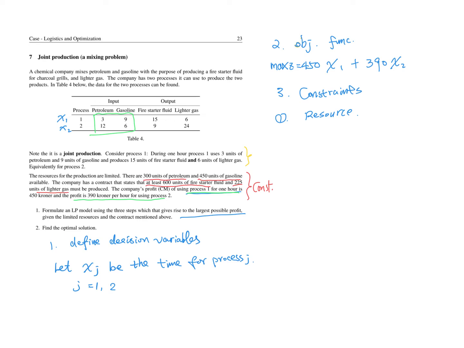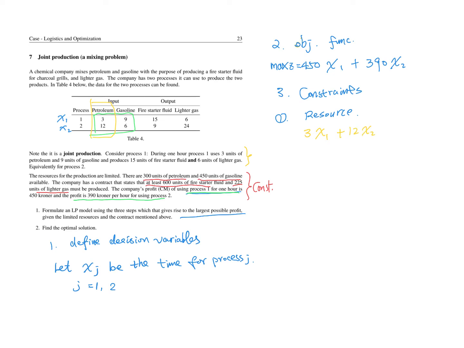So you have 3 units of petroleum. So we first focus on the petroleum consumption rate. So then we have 3 units per hour times the time you allocated to process 1 plus 12x2.